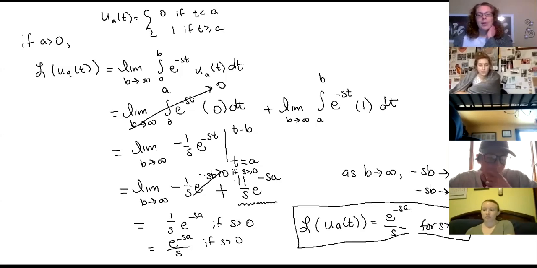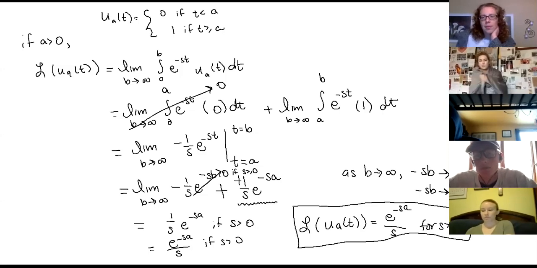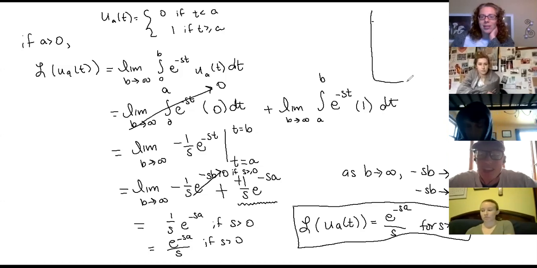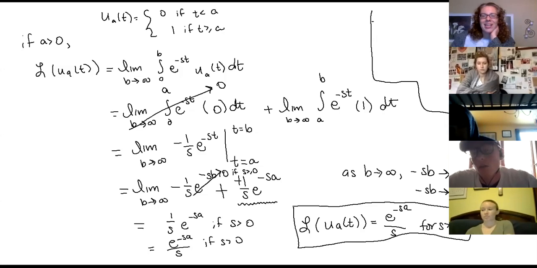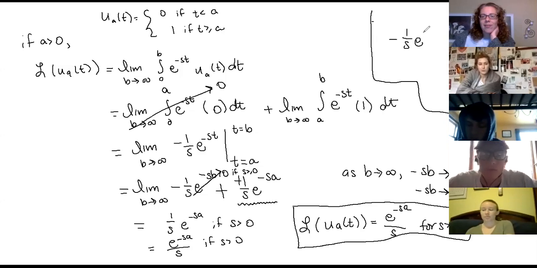Right, so think about what happens. So I will have a second answer, kind of, sort of. I want to look at negative 1 over s e to the negative sb, and I want to look at what happens if the exponent is going to positive infinity.